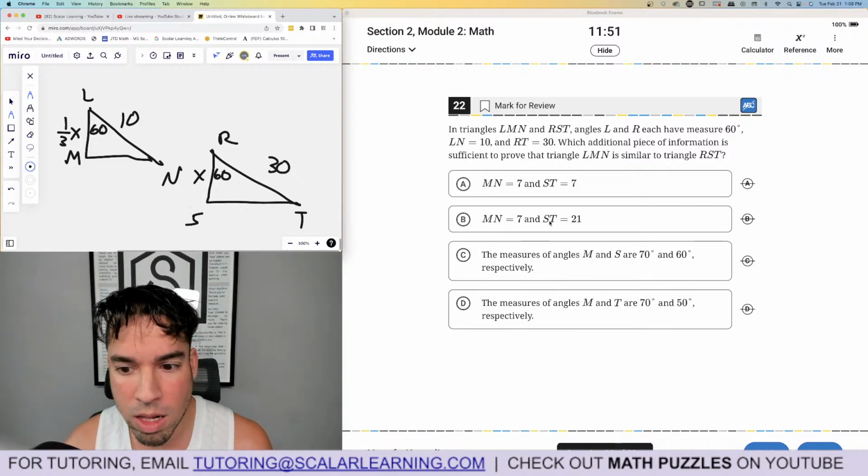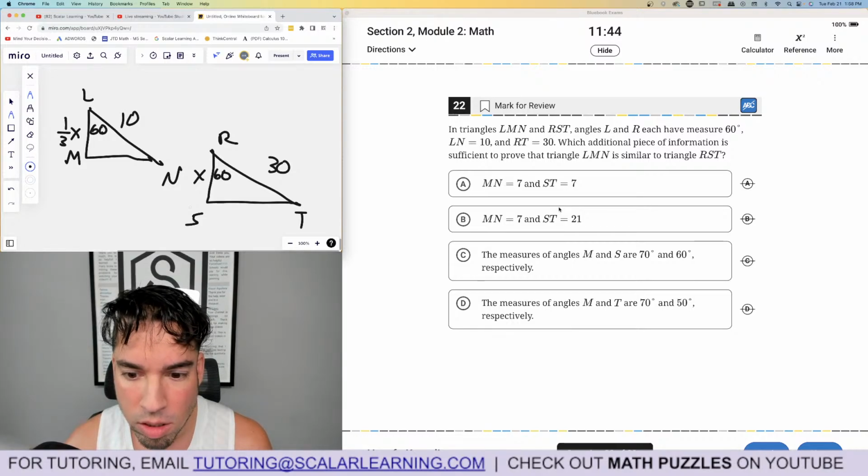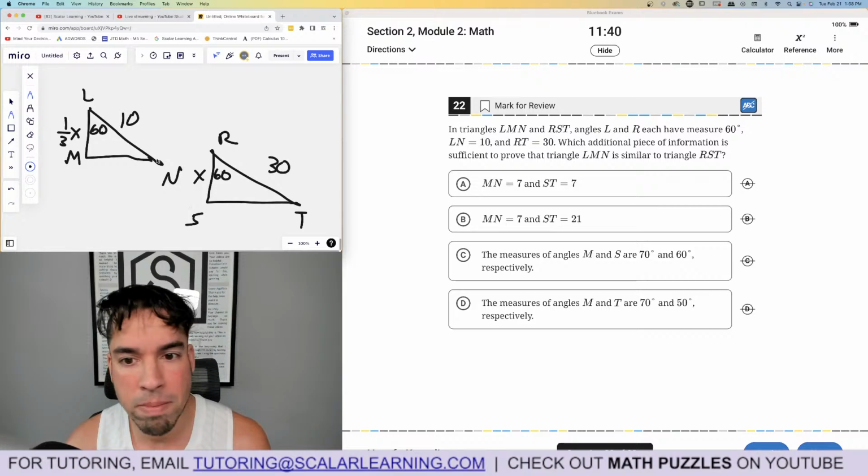So we need LM. See, you can't have MN and ST, because did I draw this right? Hold on. LMN, L and R each have 60, and then LN is 10, RT is 30.